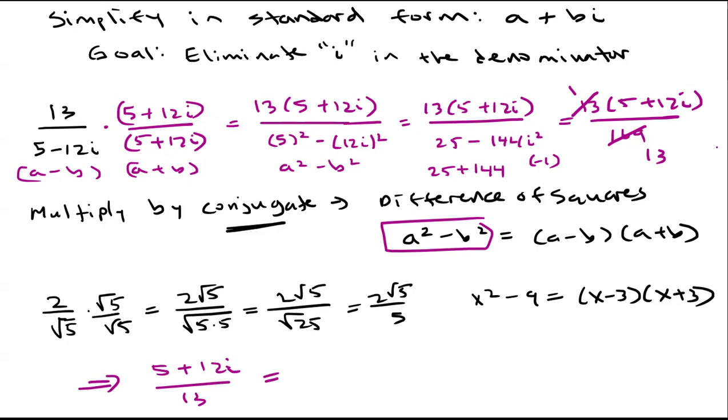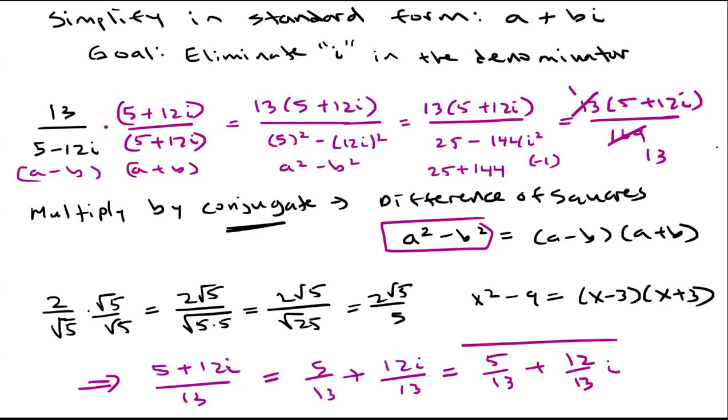Now, you can write your answer this way. This is acceptable. Or if you want to break this down further, you are more than welcome to, as 5 over 13 plus 12i over 13. Or you can also write it in this way, 5 over 13 plus 12 over 13i. Either one. All of these here are acceptable.